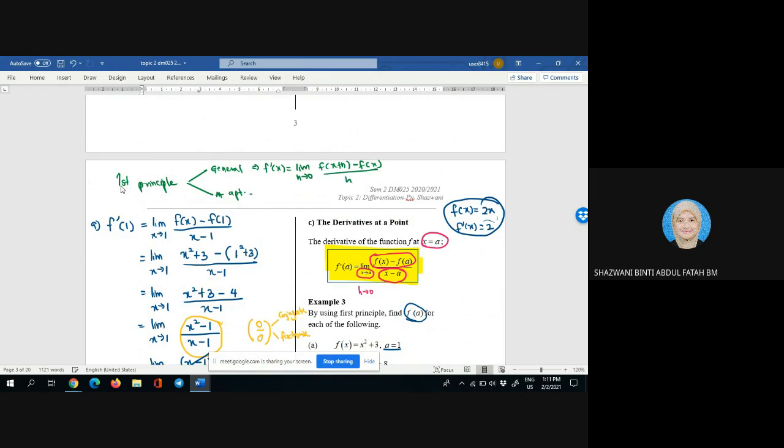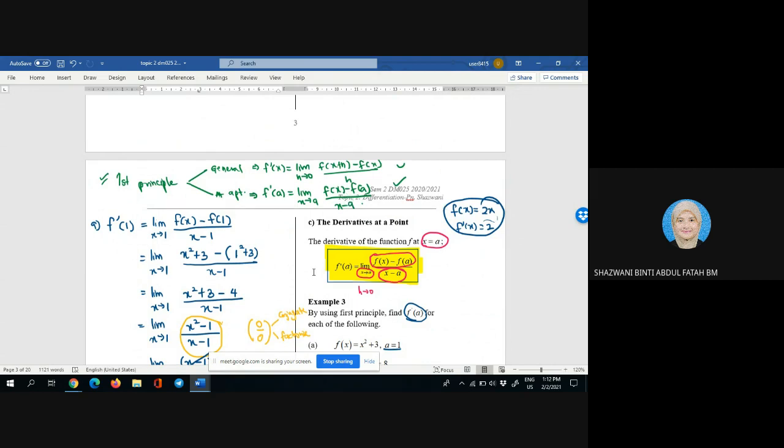At a point, it becomes f prime a, limit x approaches to a, f(x) minus f(a) over x minus a. We covered general yesterday, and today we went to at a point. So that settles first principle. We do not need to memorize the formula, but you need to know how to apply it.